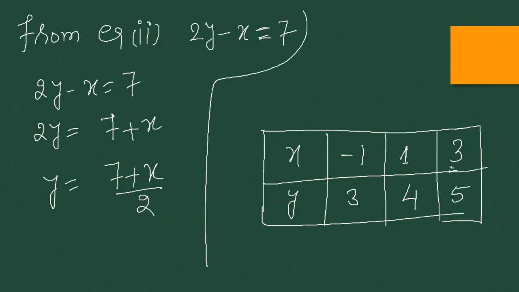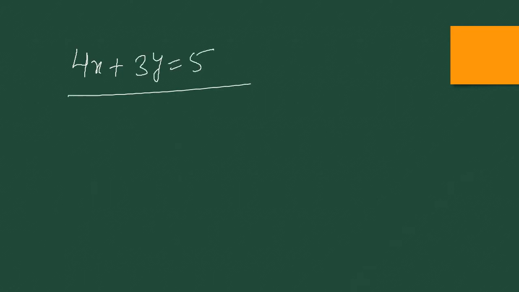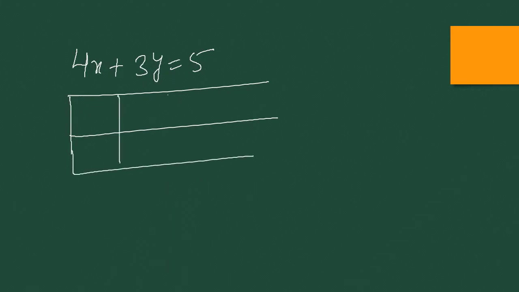So what am I finding? For the equation 4x plus 3y equal to 5, I am providing the tabulation of the values of y corresponding to x. Here I found (-1, 3), (2, -1) and (-4, 7).